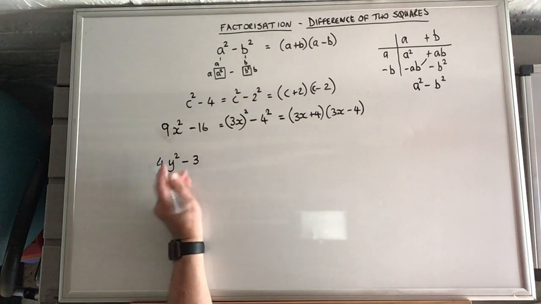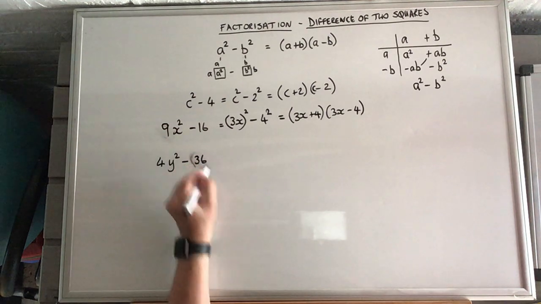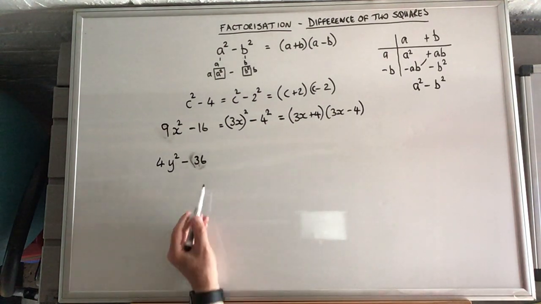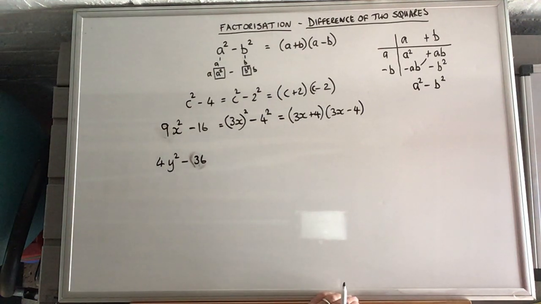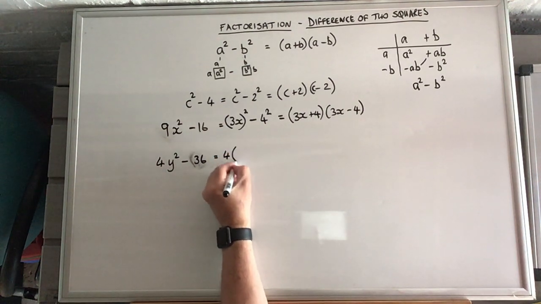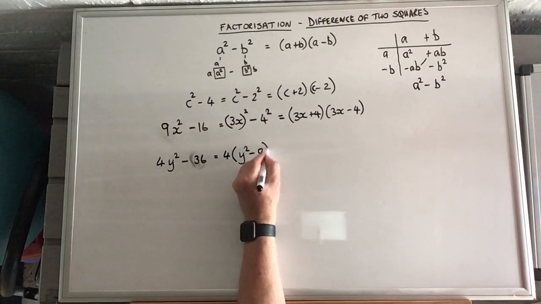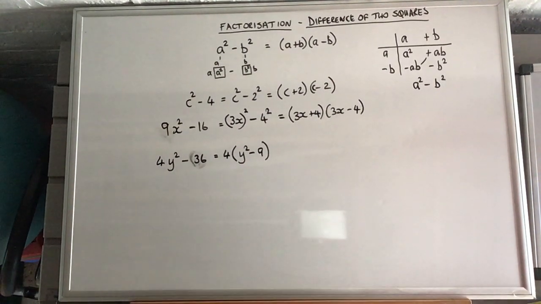The first thing we do is take out a common factor. We can take a common factor of 4 out. If we take that out, we have y squared minus 9. We always try and get a common factor out first.